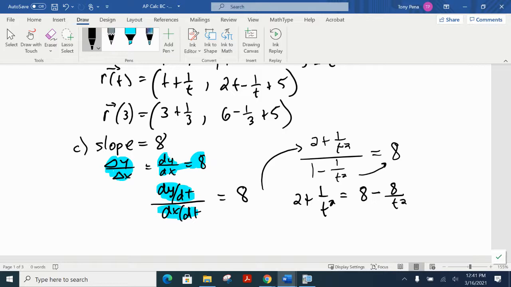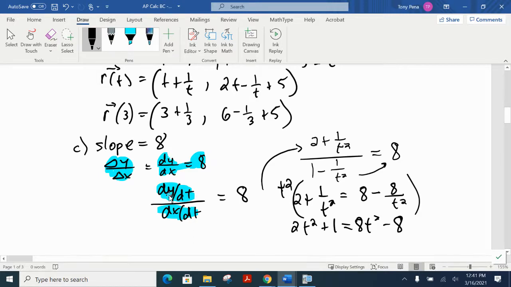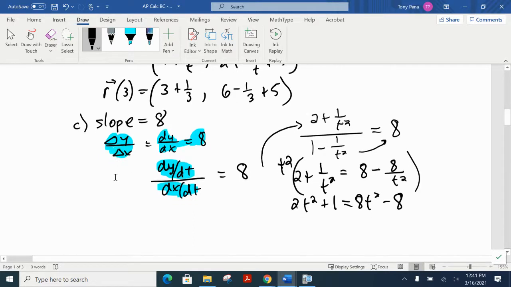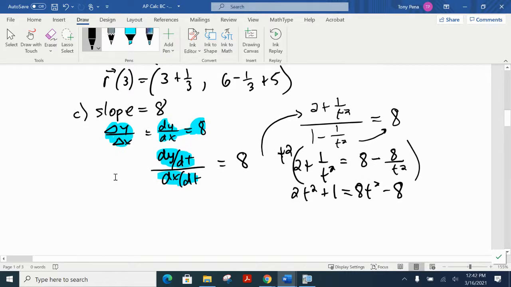If you want to get rid of the t squareds from your denominator, multiply everything by t squared. I think that's actually a fairly solid thought. So that's what I'm going to do. Let's just get rid of the t squareds out of the denominator. So multiply everything by t squared. Because I think from there, most of us are probably good. Now we can go through and start to solve that for the t.